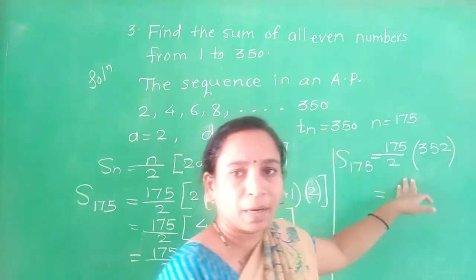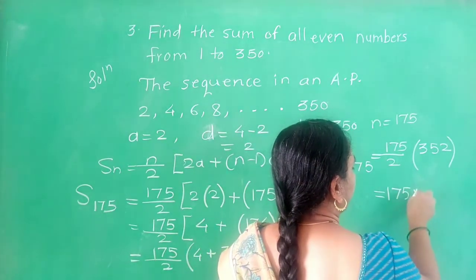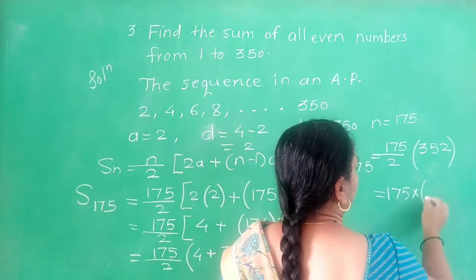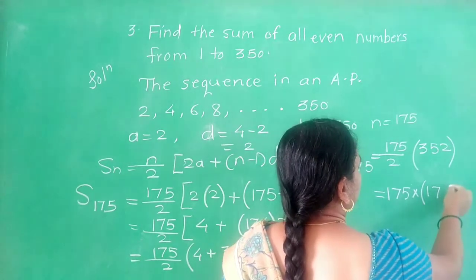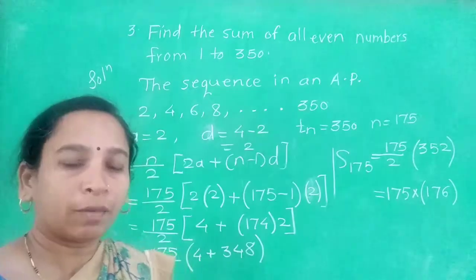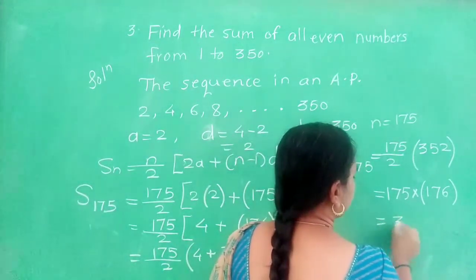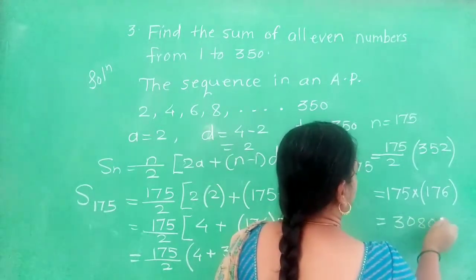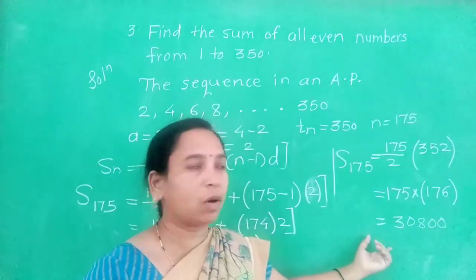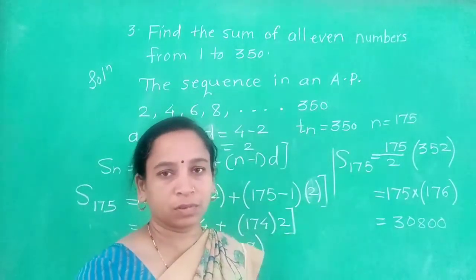This is divisible by 2, so we can divide it. So we will get 175 multiplied by 176 after dividing. After multiplication, we will get the answer. So this is the sum of 175 even natural numbers.